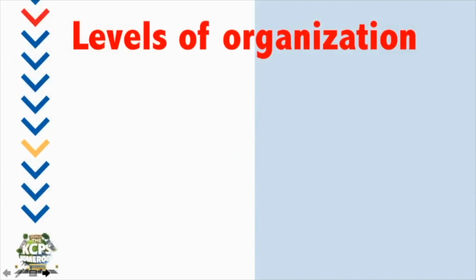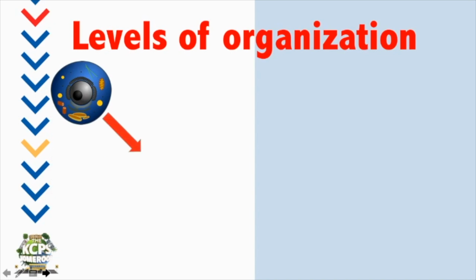Okay guys, before we talk about the skeletal system and muscular system, let's talk about the body's structural hierarchy. The most basic unit of the body is a single cell. When groups of cells work together on a similar job, they are called tissues.